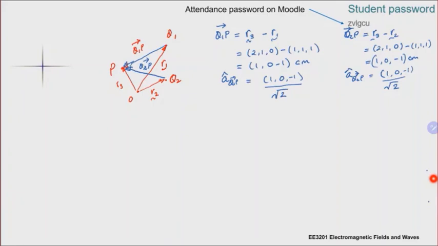Okay, then we can write down the electric field. So we call this due to Q1, we call it E1. That will be Q1 over 4 pi epsilon naught, and then that will be the magnitude of Q1P squared times the unit vector Q1P.